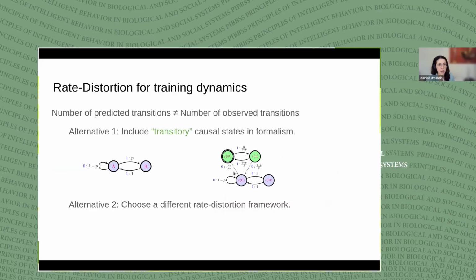So our takeaways from evaluating at least these two rate distortion frameworks that we have looked at are that we have not managed to find any complementary value, primarily because we cannot determine a connection between the number of predicted transitions and the number of observed transitions, even in a partial form.